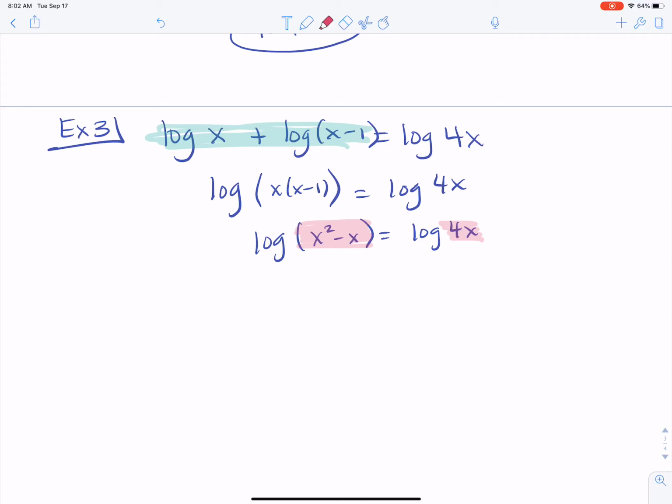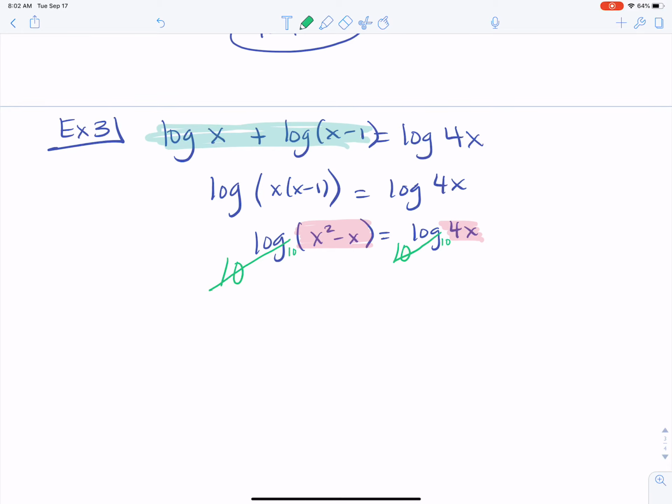And here's where that method 2 is really helpful. If you know there's an understood base 10 here, using that method where you make these both exponents of a big 10, what's going to happen to your logs? They're just going to cancel out.